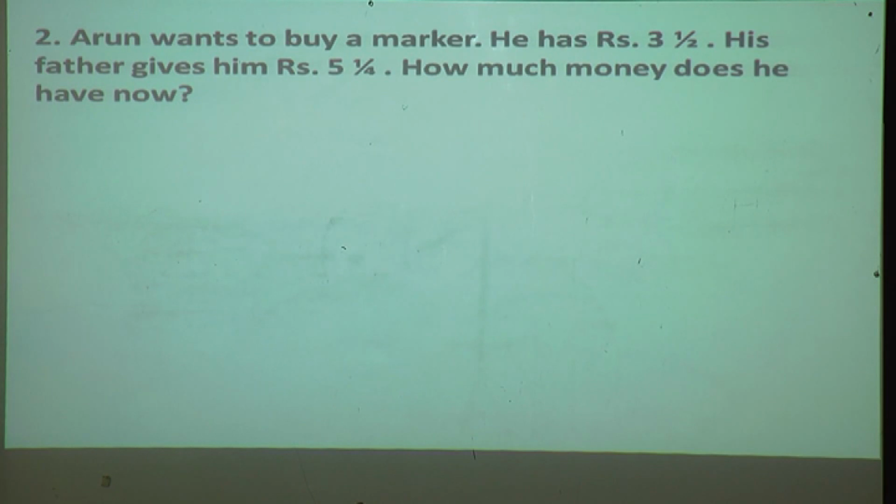Already he is having money and his father also given. So what we have to do in this case? Yes, exactly. He is having some money and father also given. So we have to add together. So they are asking question, how much money does he have now? So what is the given information?